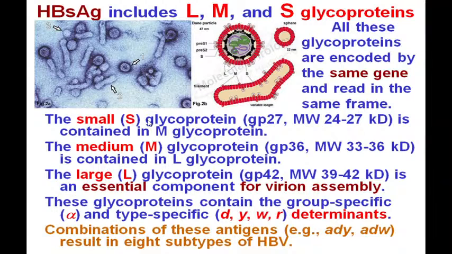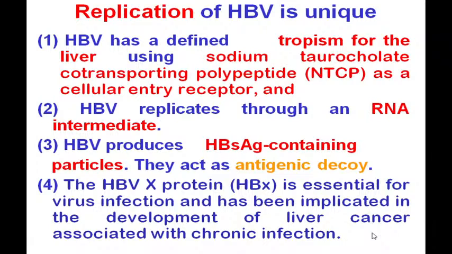And the combination of these antigens that are responsible for surface glycoproteins results in the development of subtypes of hepatitis B virus. For example, these glycoproteins may contain a group-specific antigen, typical for all of them, but also type-specific antigens. So regarding those antigens, we may have variations of it.